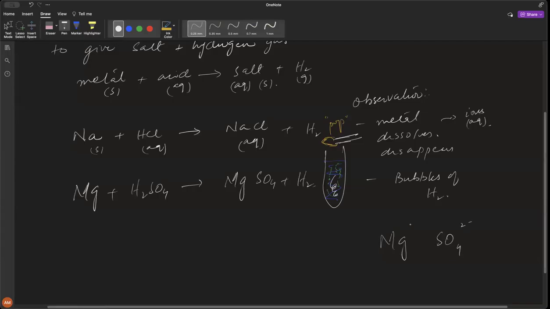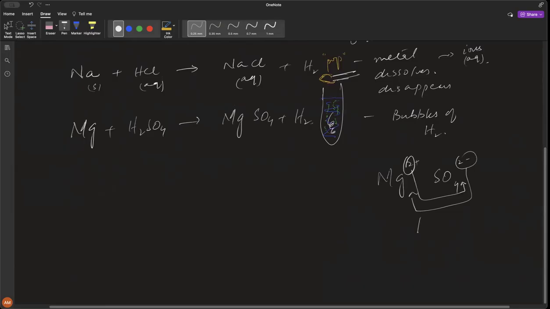You just need to know their charges and oxidation states. So the superscript of this becomes the subscript of this, and the superscript of this becomes the subscript of this. So this becomes Mg2SO4, the 2 gets cancelled out, so it becomes MgSO4.